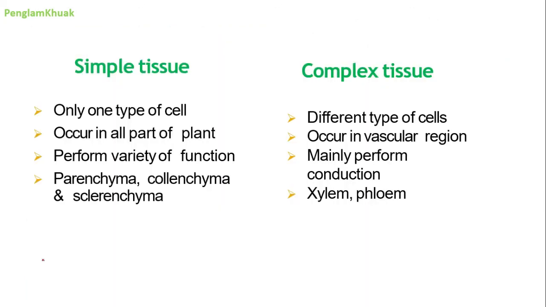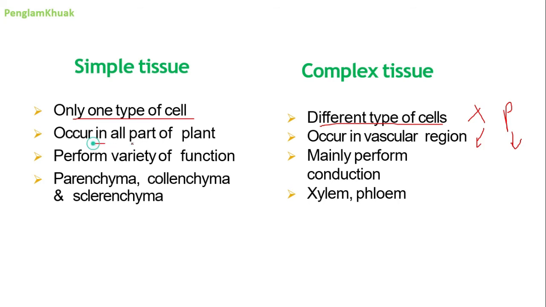So we complete complex permanent tissue and simple permanent tissue. Let's differentiate between simple tissue and complex tissue in a nutshell. Simple tissue is made up of only one type of cell. Complex tissue is made of different types of cells. Xylem has four elements and phloem also has four elements, so they are different types of cells.